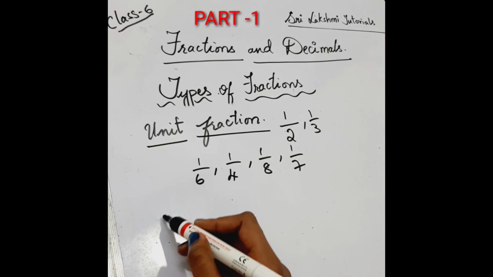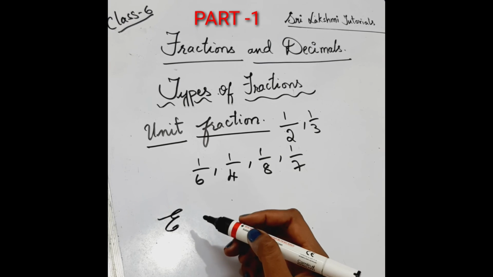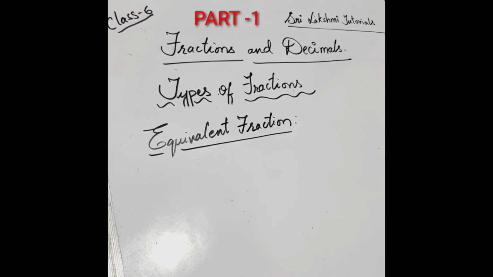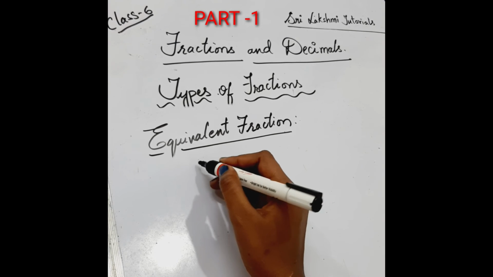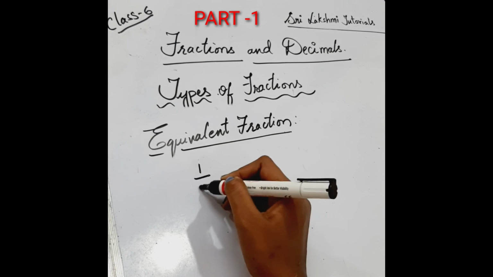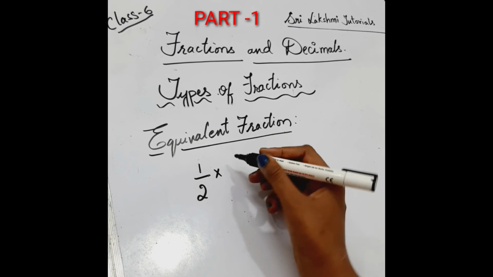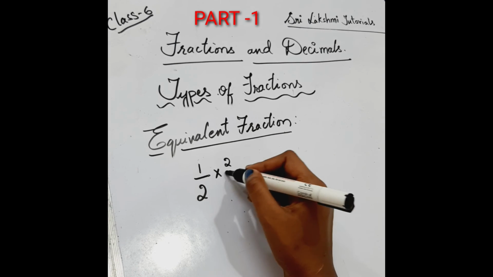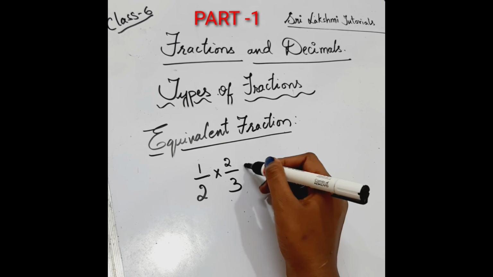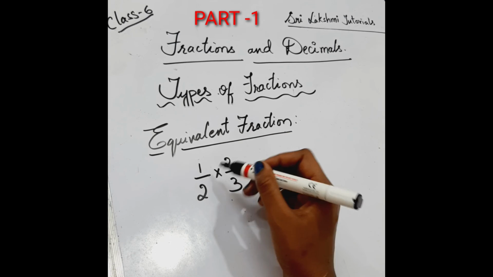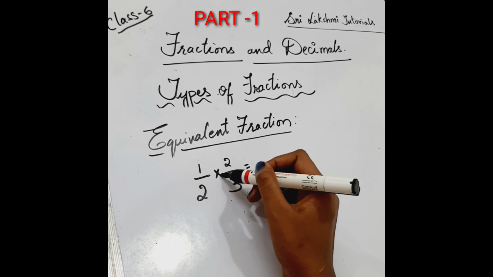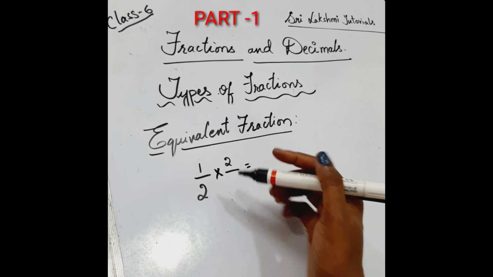Now we will see equivalent fraction. What are equivalent fractions? Any fraction, if it is multiplied and divided with the same number, the result will be the equivalent fraction. Now see, 1 by 2 into 2 by 2.